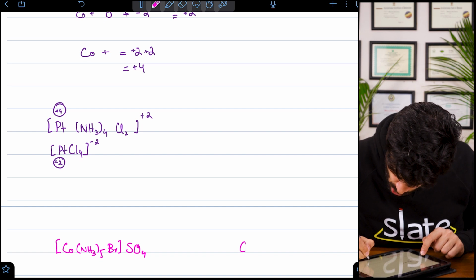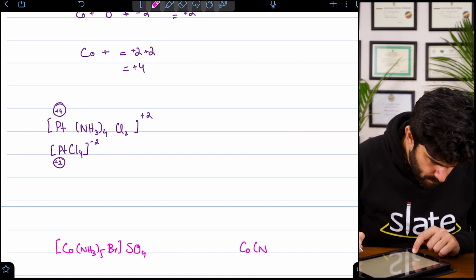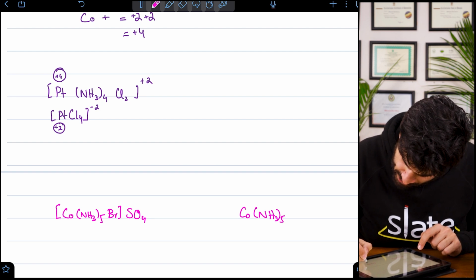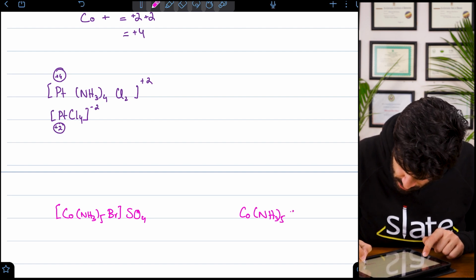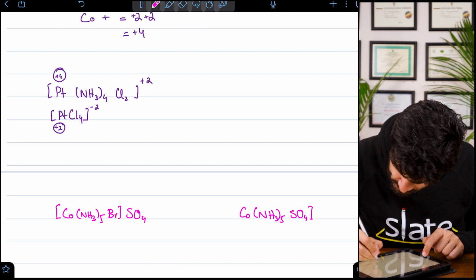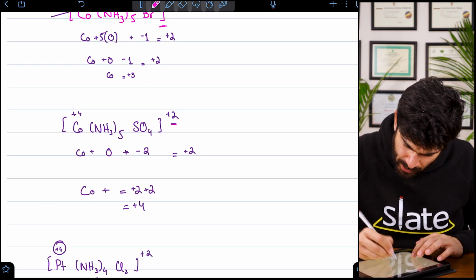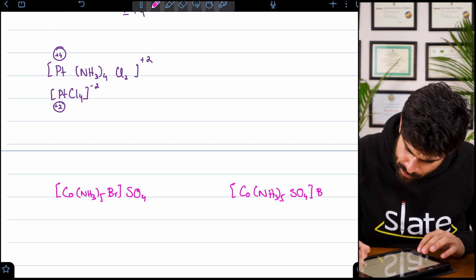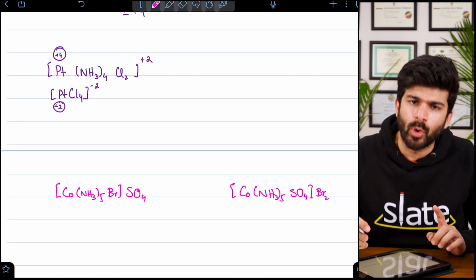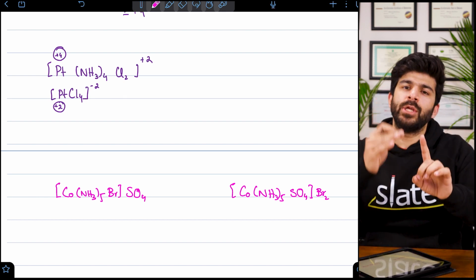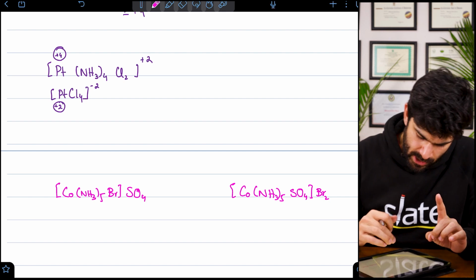So we have cobalt, NH3 5, sulfate. Sulfate is locked inside this time. And since it's plus 2, we will be needing 2 Br. Now there are 2 bromides outside.